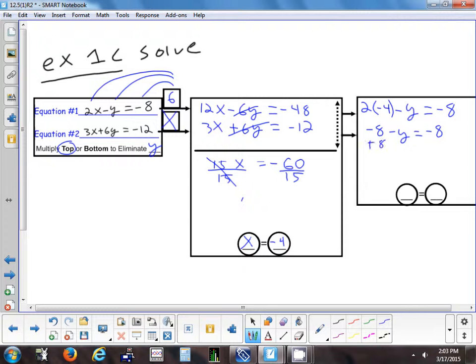Yeah, good. Plus 8. What's negative 8 plus 8? How about Brian? Careful, it's negative 8 plus 8. So it's like opposites. Negative 8 plus 8 is 0. So that cancels out. Negative 8 plus 8, you get 0 on the other side.